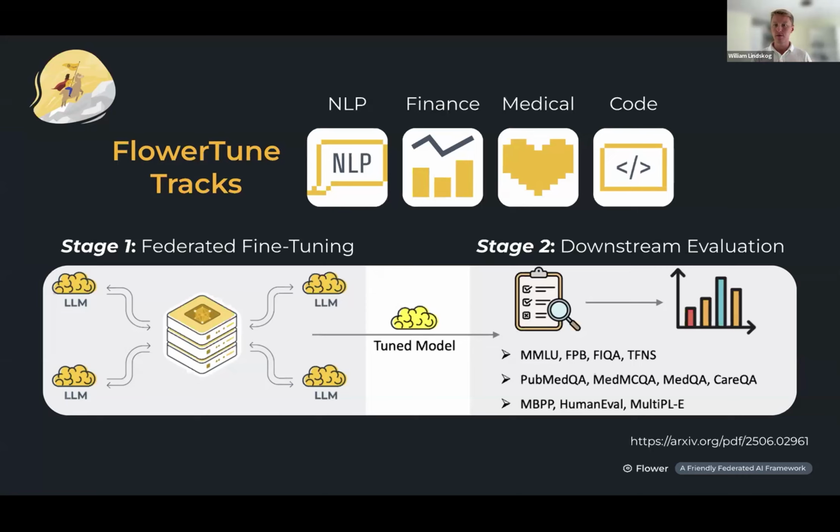So you can fine tune them for general natural language processing, for finance tasks, for medical stuff, and also for coding. We have seen so many contributions from researchers out there testing out models, fine-tuning them in a federated way, and then benchmarking them on acknowledged data sets, basically.